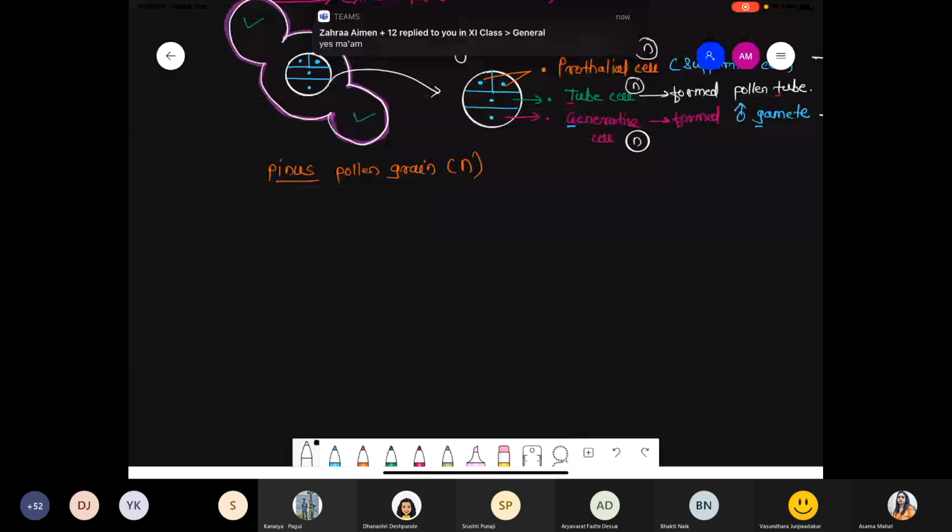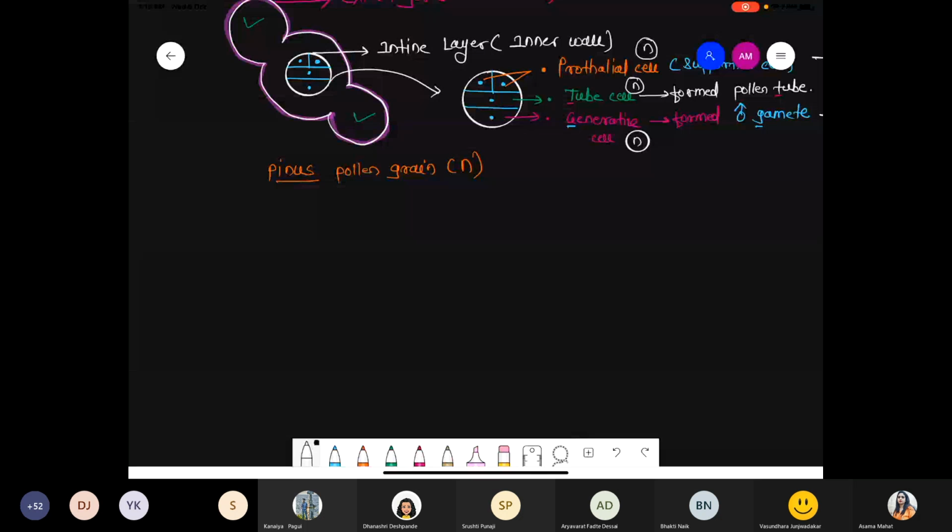So now what happened when the pollen grain is released? You know very well the color of that pollen grain, basically they are yellow in color.